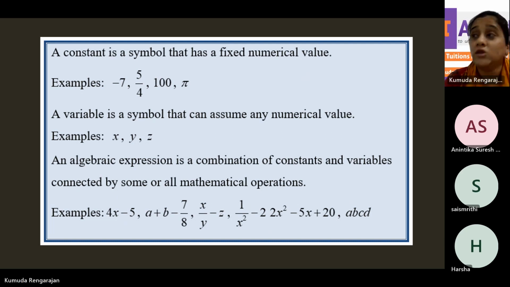No. All right. Poly means many. But polynomial does not necessarily mean an expression with many terms. So then what is the correct understanding of the term polynomial? A polynomial is an algebraic expression. All right.